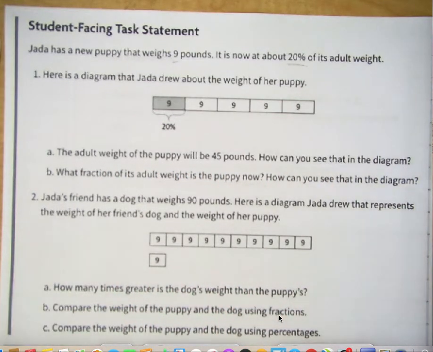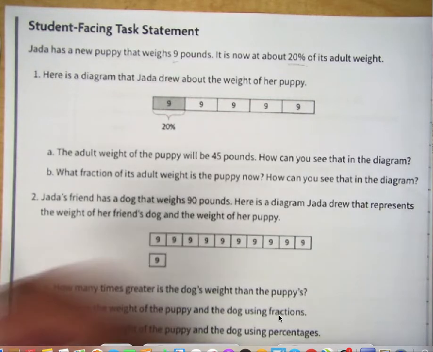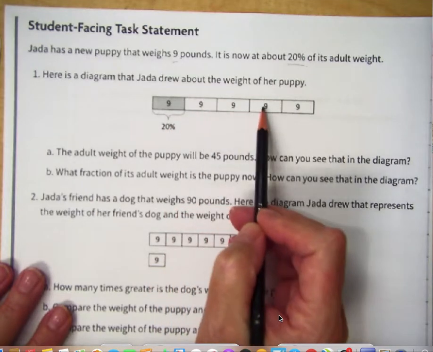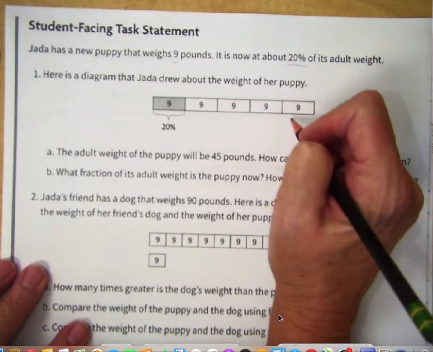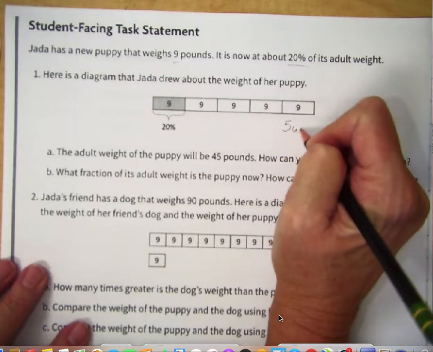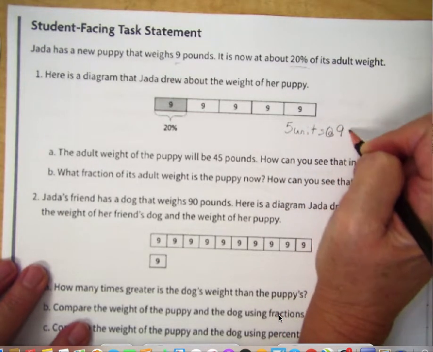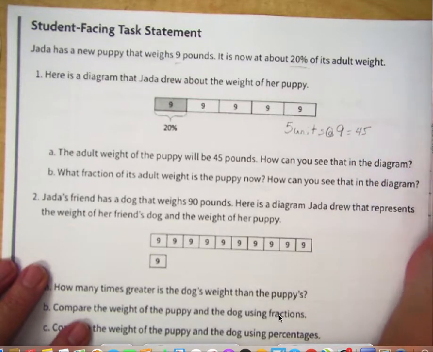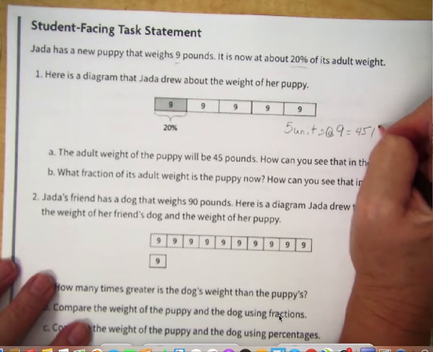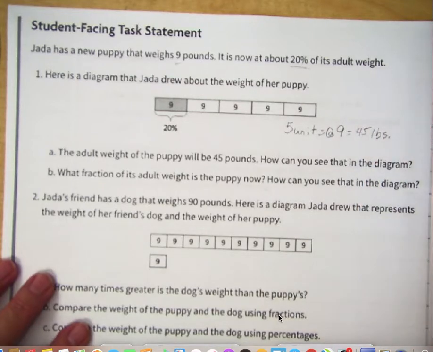How can you see that in the diagram? I want you to take a minute and think about that. Okay, so if you said, well, I have 5 units and each one of them is 9, and that equals 45, you would be correct. 5 units at 9 pounds would be 45 pounds.